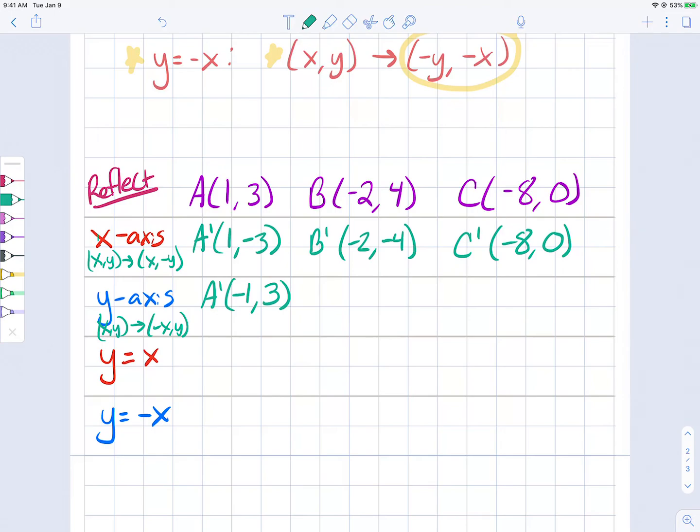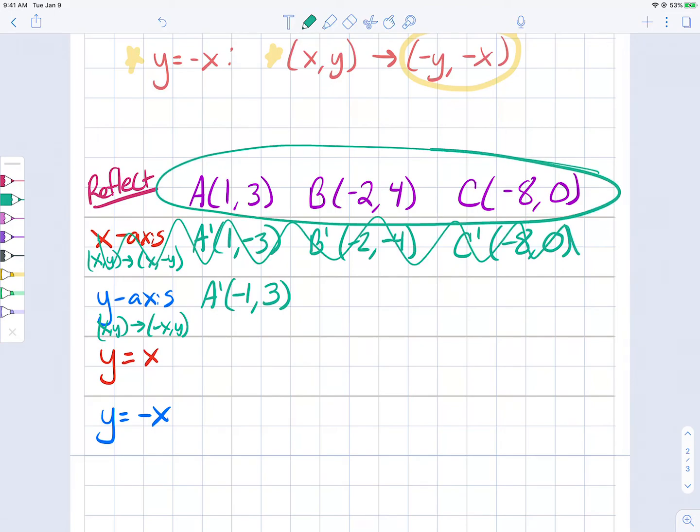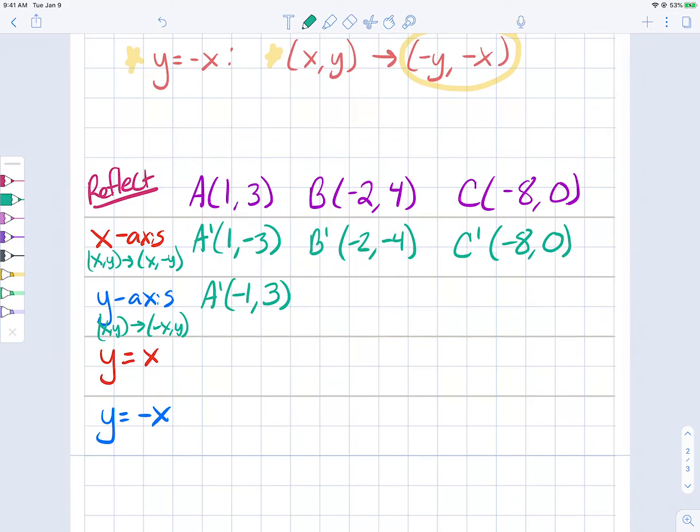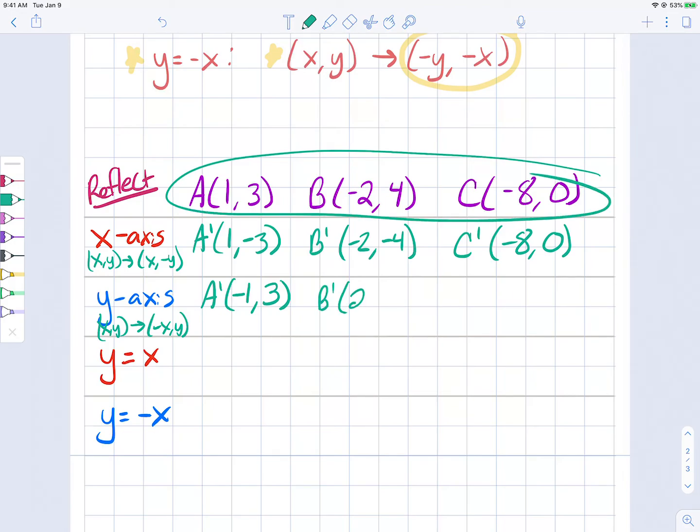I'm not using your previous ones here. I'm always using the original A, B, and C, just to let you know where they're coming from. If I were to take my original ones and reflect over the y-axis, B prime would become +2, 4, and C prime would become +8, 0. So I'm changing the sign of the x coordinate and leaving the y alone.